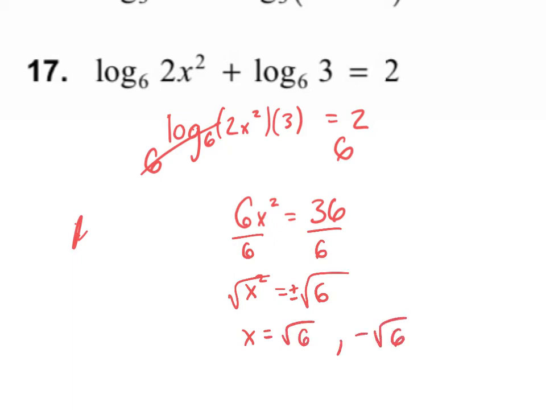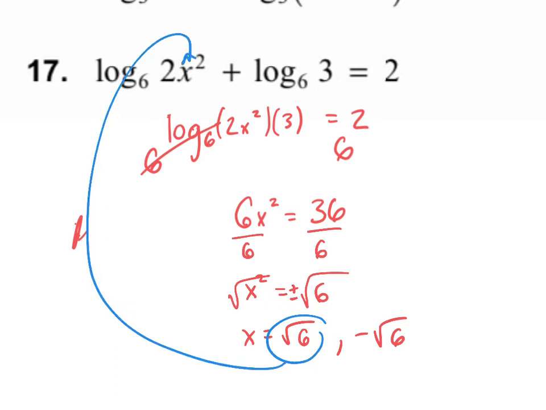Now we always have to check for extraneous solutions. So we would take our square root 6 and plug it into our x here. We only have one x to plug it into. So this would be 2 times square root of 6 squared. Is this going to give us a positive number? Yeah, so that works. We're good there.